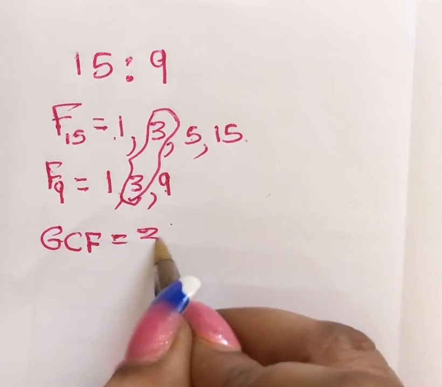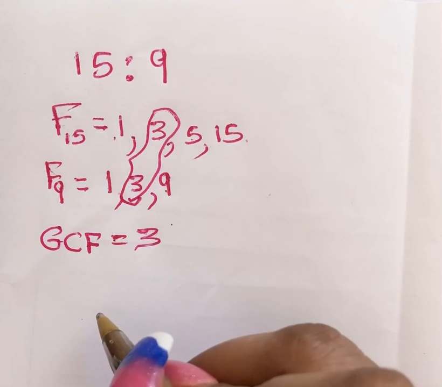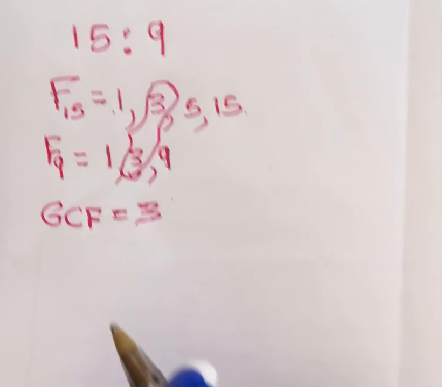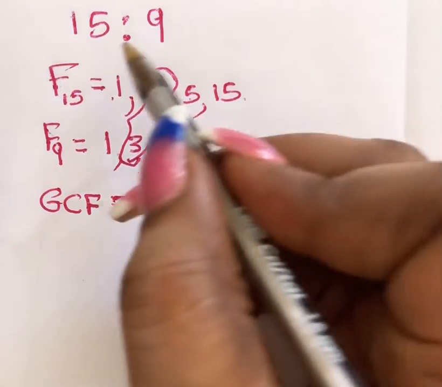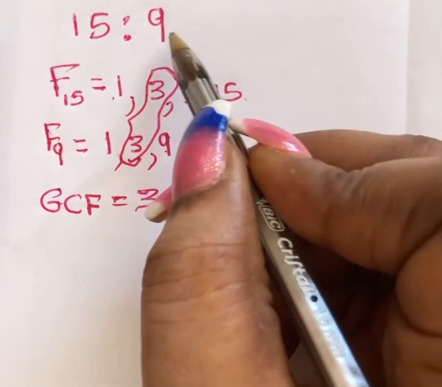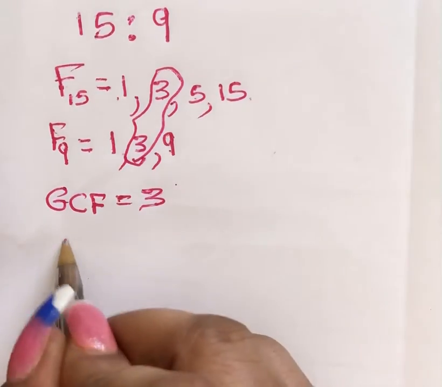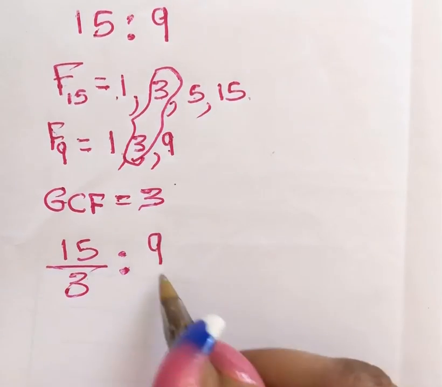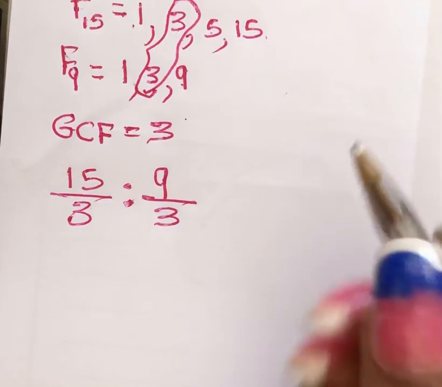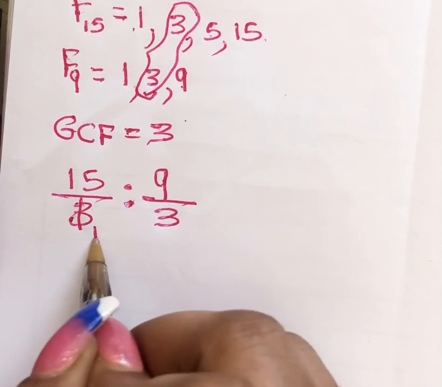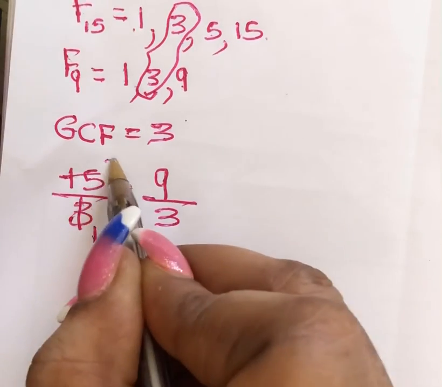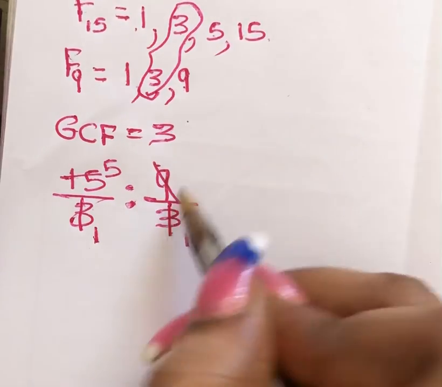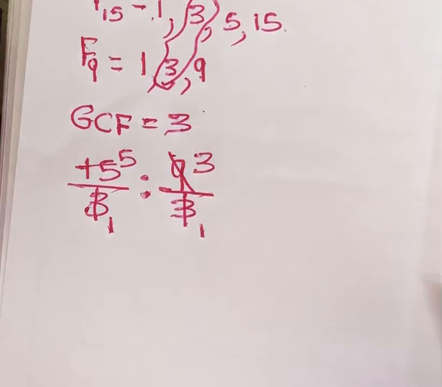That is the largest number that we see in both places. In this case, our GCF is 3. The next step is to divide 15 and divide 9 by 3. 3 goes into itself once, and it goes into 15 5 times. 3 goes into itself once, and it goes into 9 3 times.